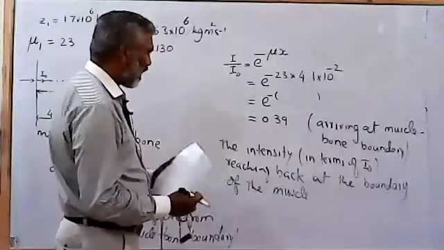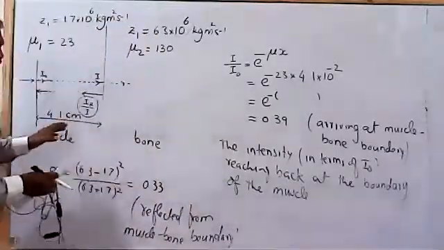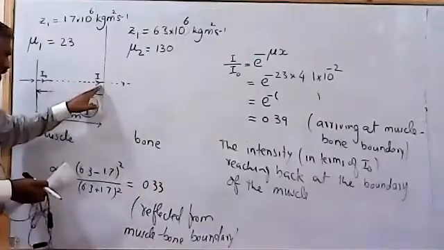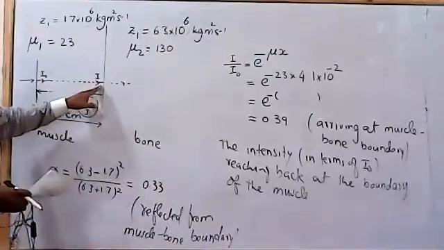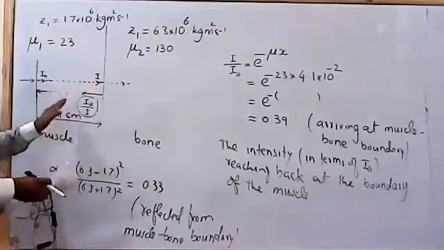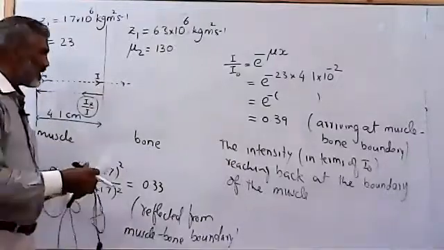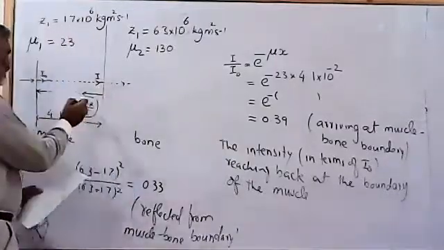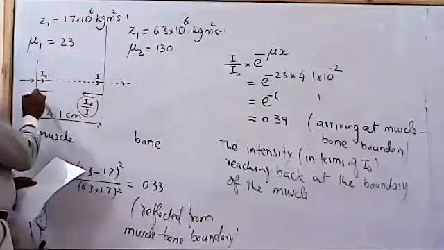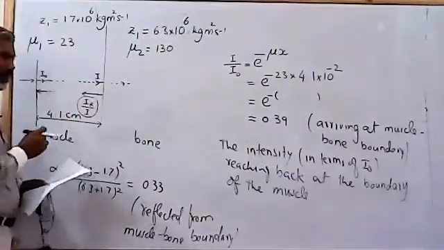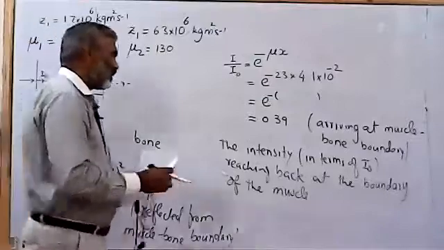So if you understand what reach is here, and you also understand what fraction is reflected back, it is easy now to calculate what will be available back at this surface.